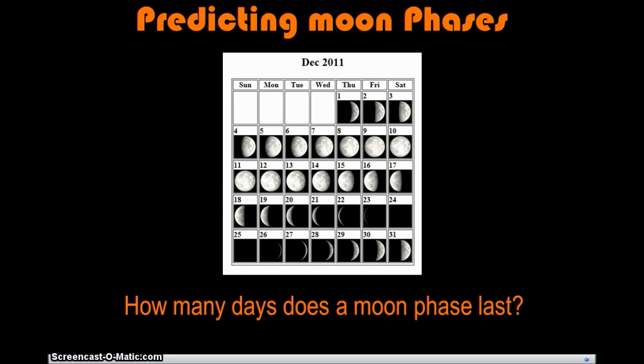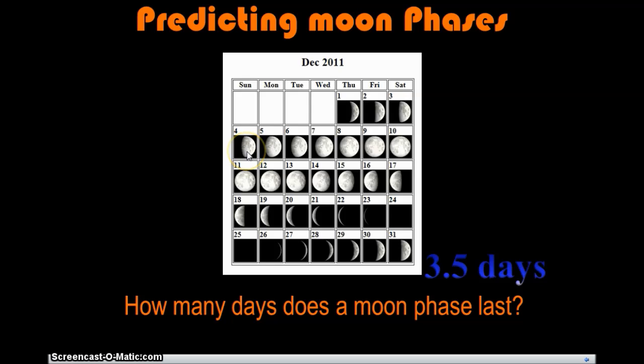So how many days does a moon phase last? Well, according to our notes, a moon phase lasts approximately 3.5 days. So you can look up here and you can see that we have about 3.5 days.